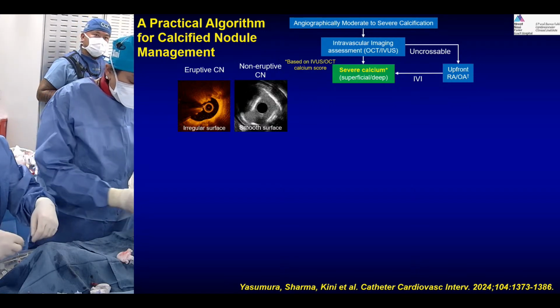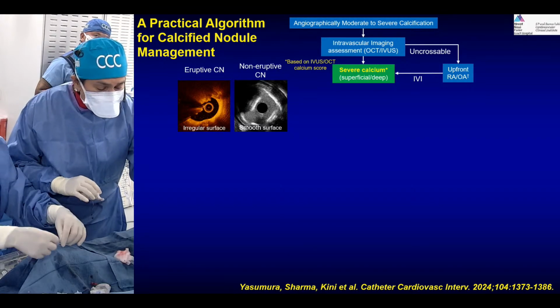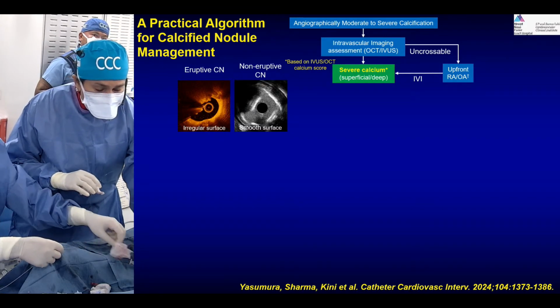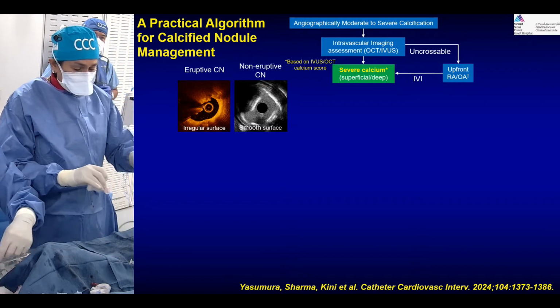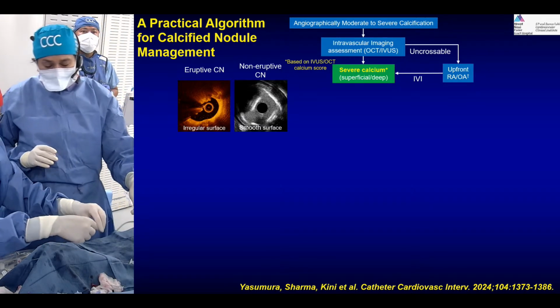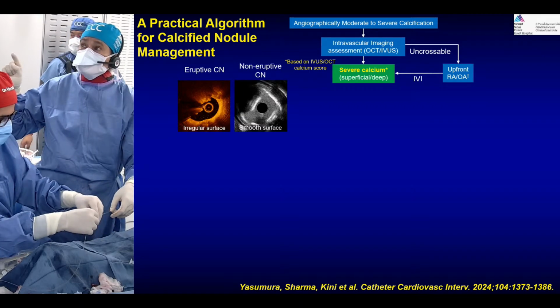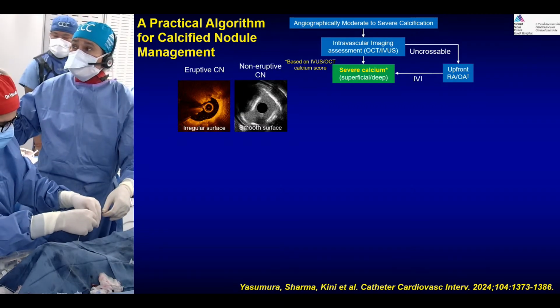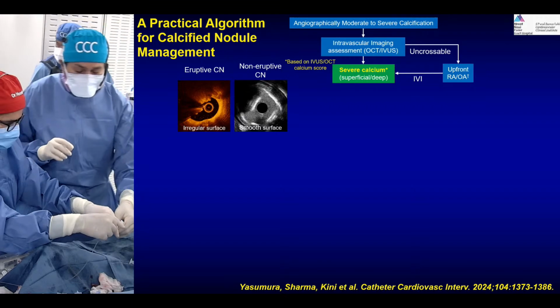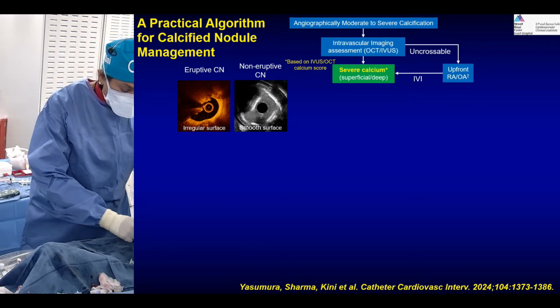Many times your imaging is already telling you it's severe calcium, so you have to consider some kind of atherectomy already. Whether you do rota or OA is up to the discretion of the operator. Imaging could have helped to select the burr, but here is an uncrossable lesion, so we go directly to atherectomy. That's where we are in this part of the algorithm.